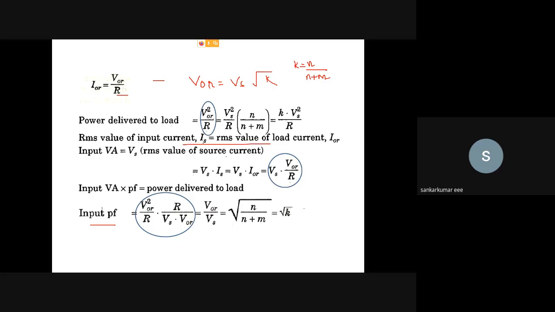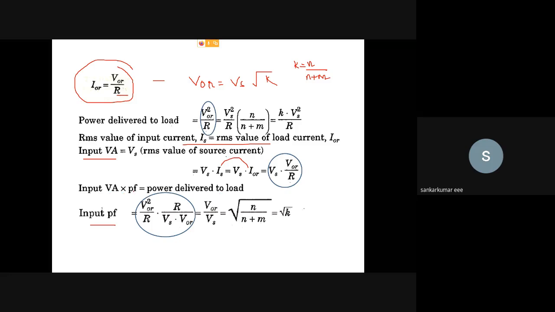So both the RMS input and output current will be the same, and the input VA, that is your apparent power, will be equal to Vs into the RMS value of source current. So Vs into Is, and Is and I naught are the same, and I naught R is equal to V naught R divided by R, and input VA into power factor will be equal to power delivered to load.